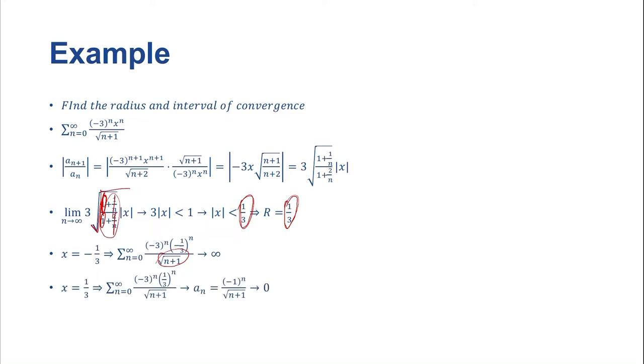On the other hand, for x equals 1/3, we can use the alternating series test to prove that the series converges. So what we've determined is the series diverges at negative a third, but converges at 1/3.